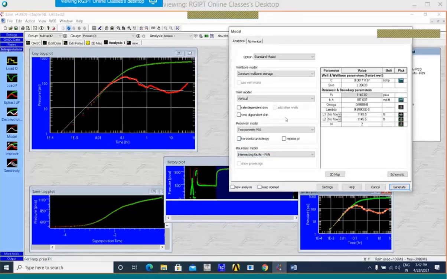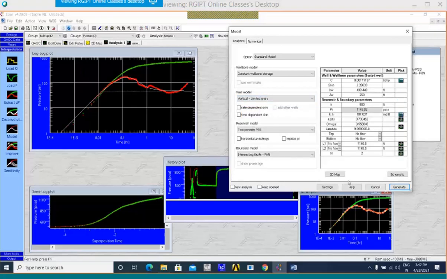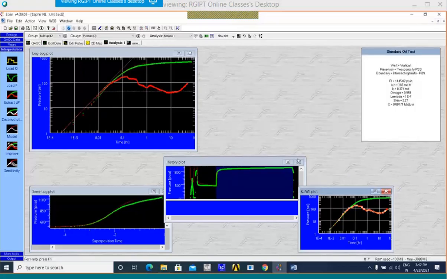Even with intersecting fault, I'm not seeing a good match. Okay, can we try the vertical limited entry? No, I think earlier was better. So let us try vertical.